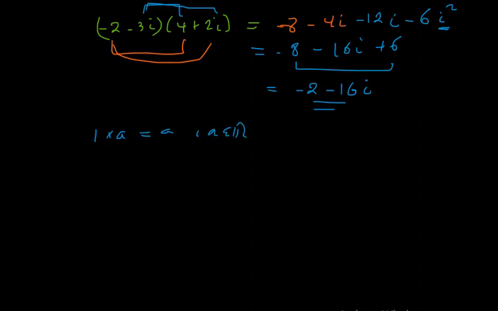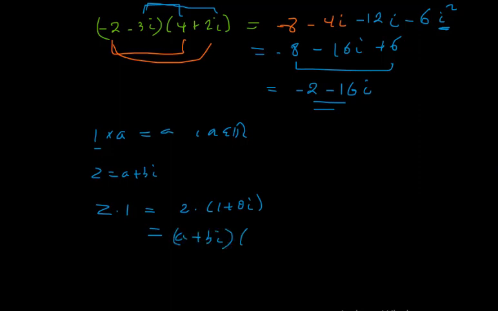You can also apply this to a complex number. Let z be a plus bi. When you multiply z by 1, this is just the same as z times 1 plus 0i, where z is a plus bi.